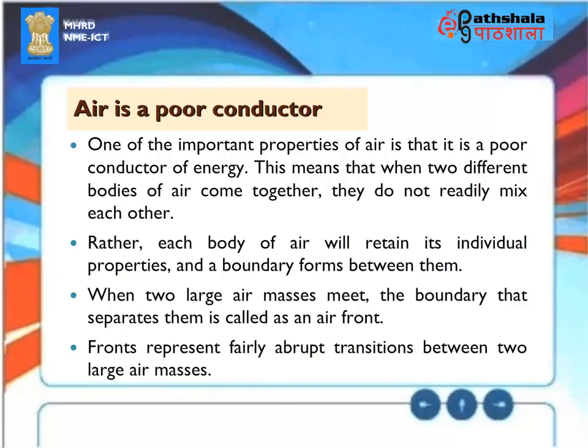This means that when two different bodies of air come together, they do not readily mix each other. Rather, each body of air will retain its individual properties and a boundary forms between them. When two large air masses meet, the boundary that separates them is called an air front. Fronts represent fairly abrupt transitions between two large air masses.